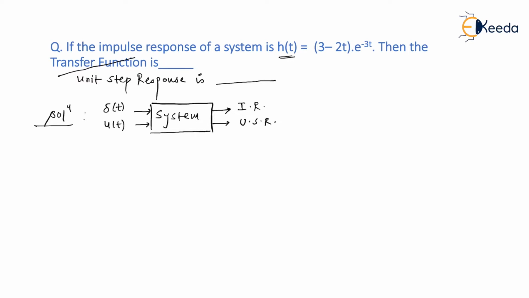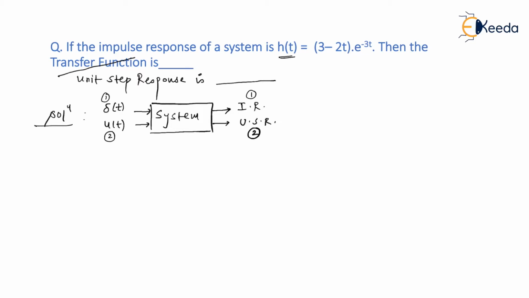So once again, if the delta function is given as input, then the output is impulse response, whereas if you give u(t) as input, then the output of the system is nothing but the response given to unit step input, and therefore it is known as unit step response.